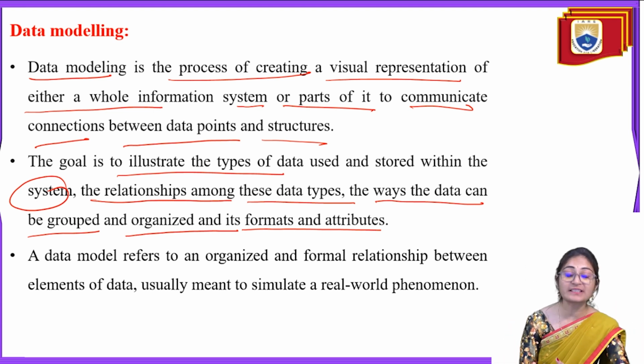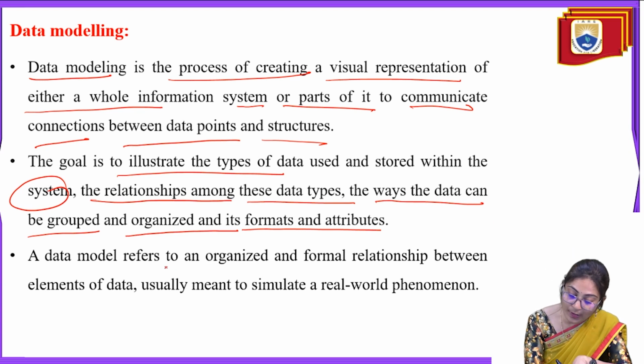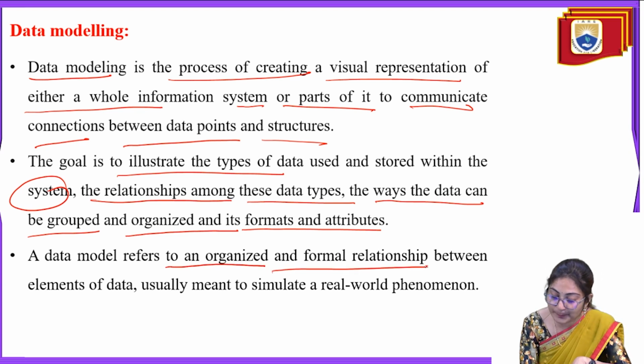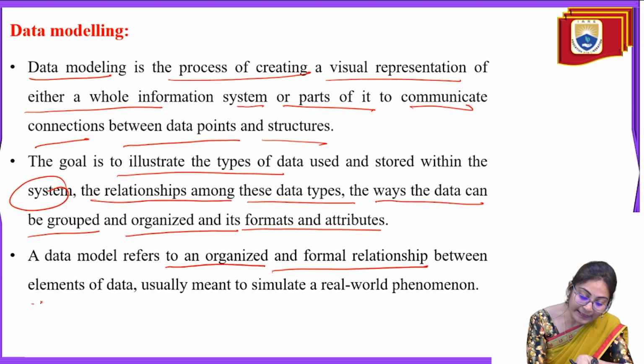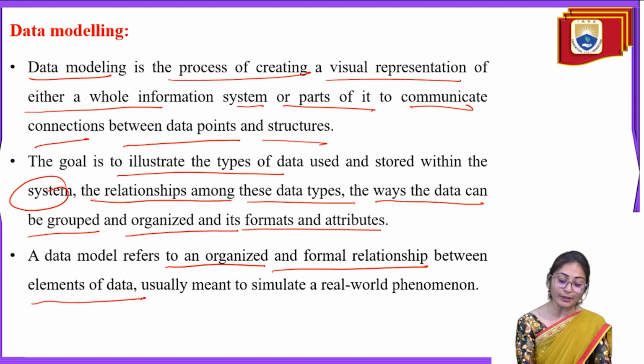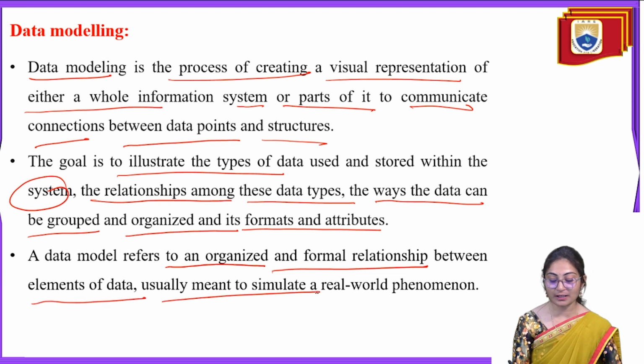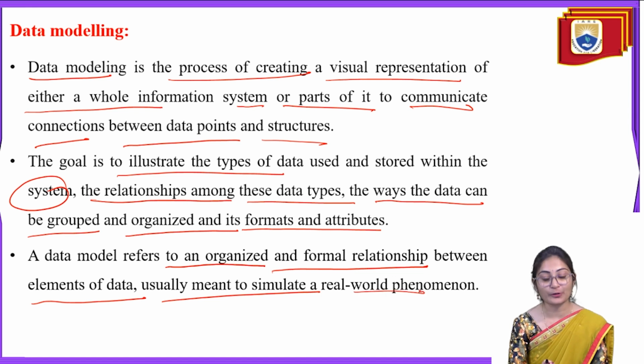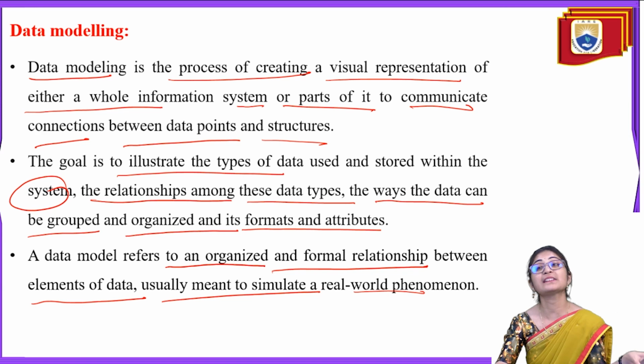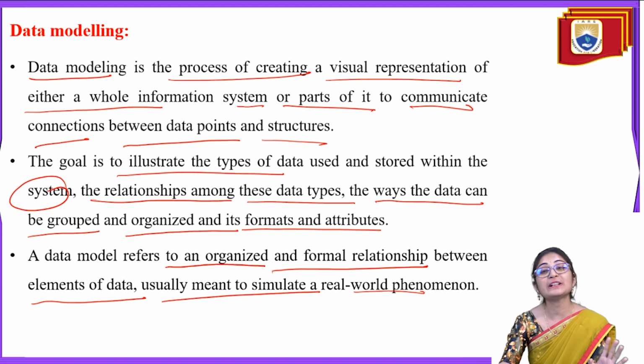And the data model generally refers to an organized and formal relationship between the elements of data, usually meant to simulate a real world phenomenon. So data modeling generally refers to the organized and formal relationship between the elements of the data.